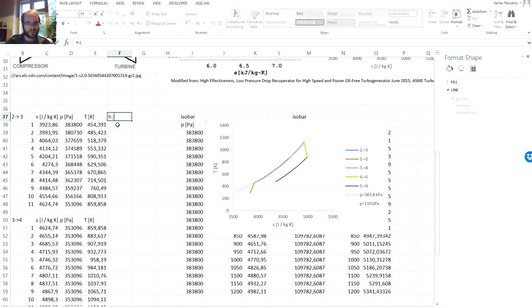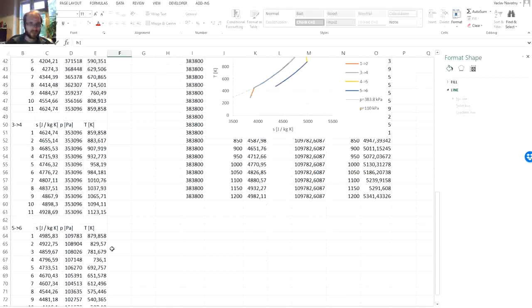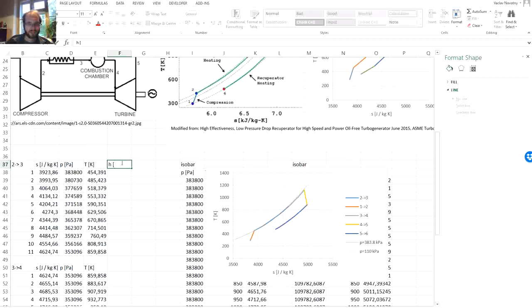So next thing that we do here, because we already have prepared points 2 to 3, which will be the heating part, and then points 5 to 6, the cooling part of the heat exchanger. So let's get here enthalpy. Let's say again basic units, joules per kilogram. And let's have here the transferred heat. Well, let's use kilowatts, it looks a bit better.